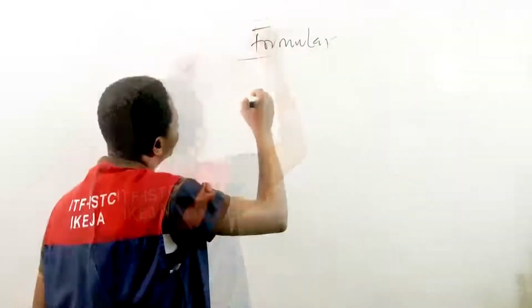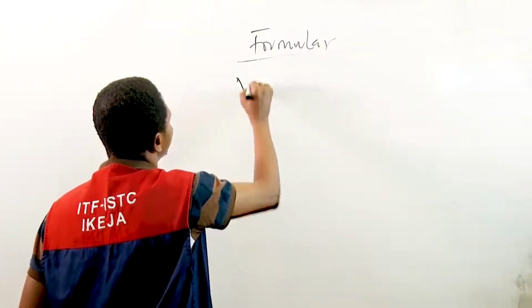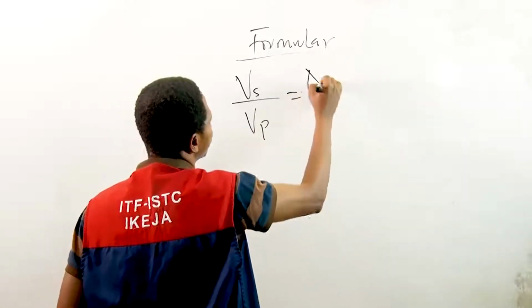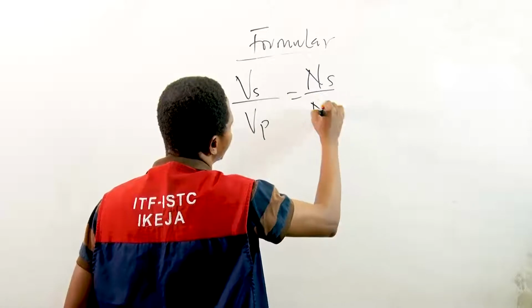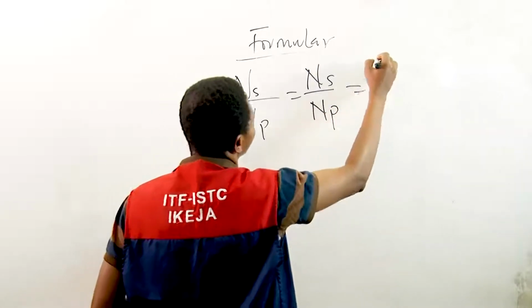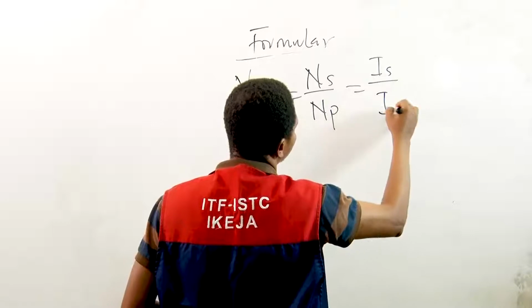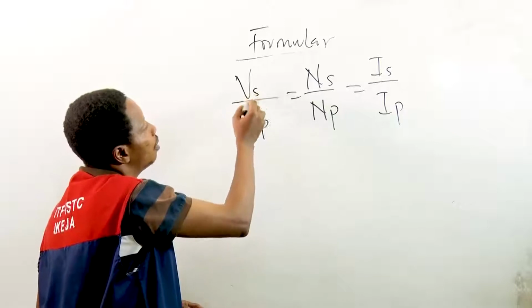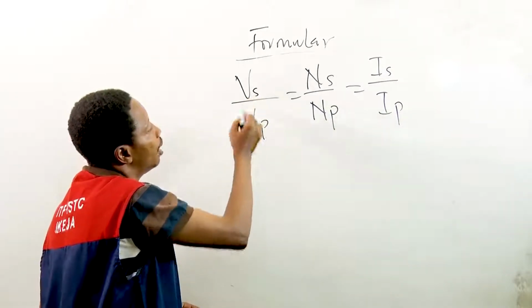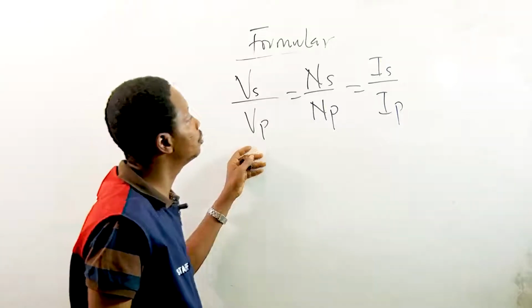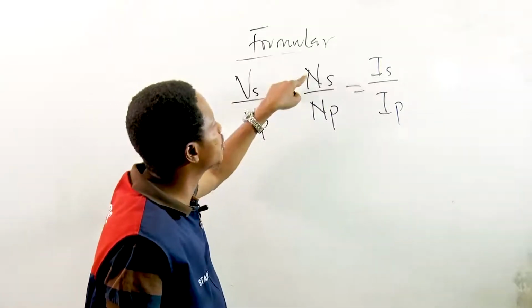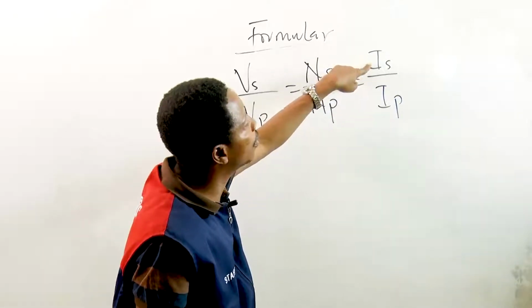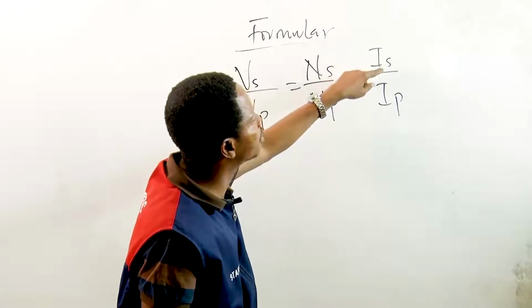So Vs over Vp, that is voltage output of secondary over the primary voltage, equals number of turns of the secondary over number of turns of the primary, equals current in the primary over current in the secondary.